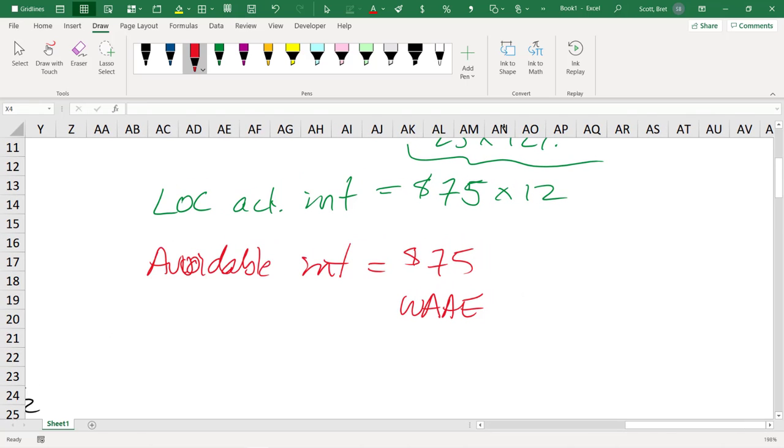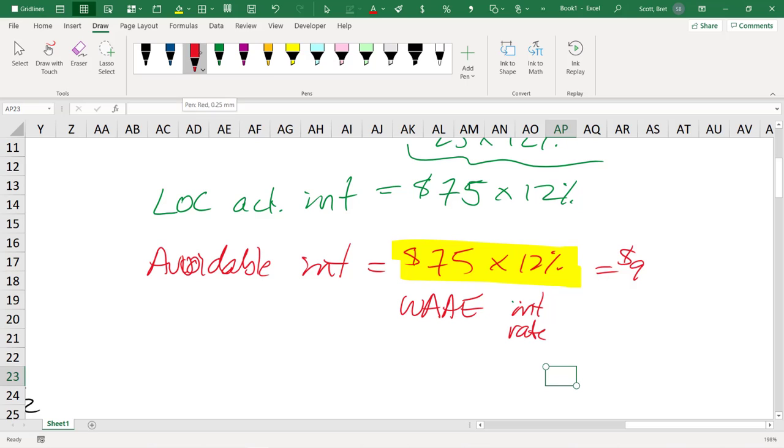And what did we do with that? We multiplied it by 12%. That was the interest rate applied. So, see the similarities here. The avoidable interest calculation resulted in $9 avoidable interest. And in the situation of a line of credit, the actual interest equals $9.